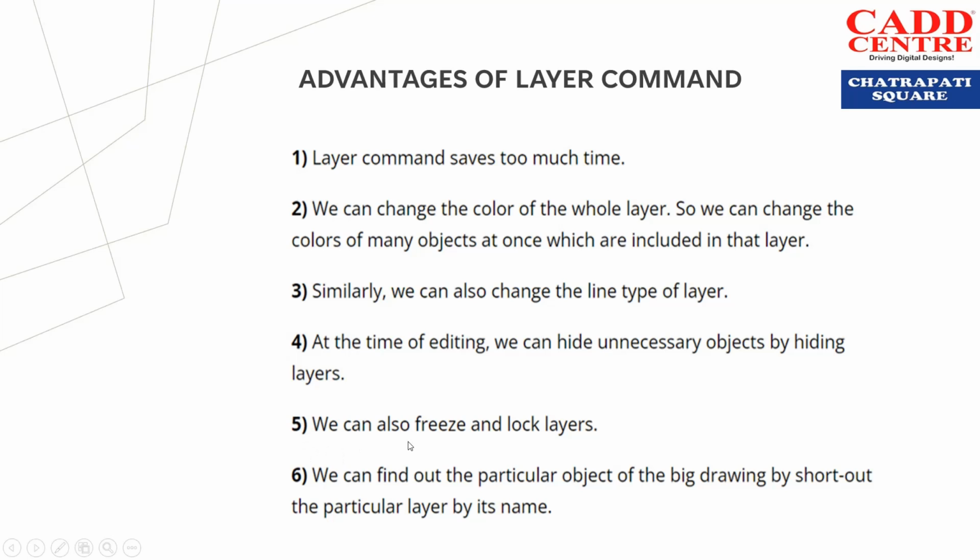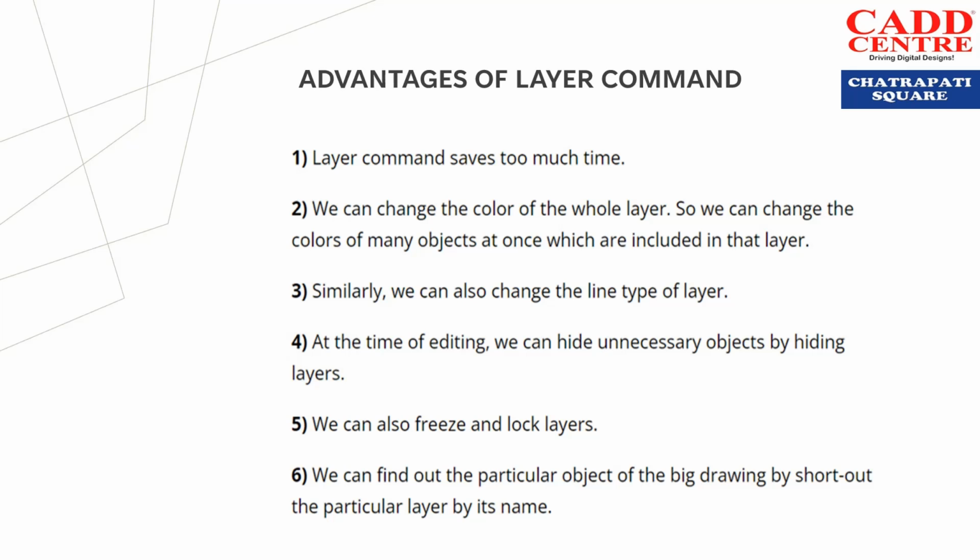If you want to hide any layer, you can hide it. If you want to freeze and lock a layer, you can easily do that. What freezing and locking are, I will tell you while explaining. And the last one is, we can find a particular object of a big drawing by sorting out the particular layer by its name.